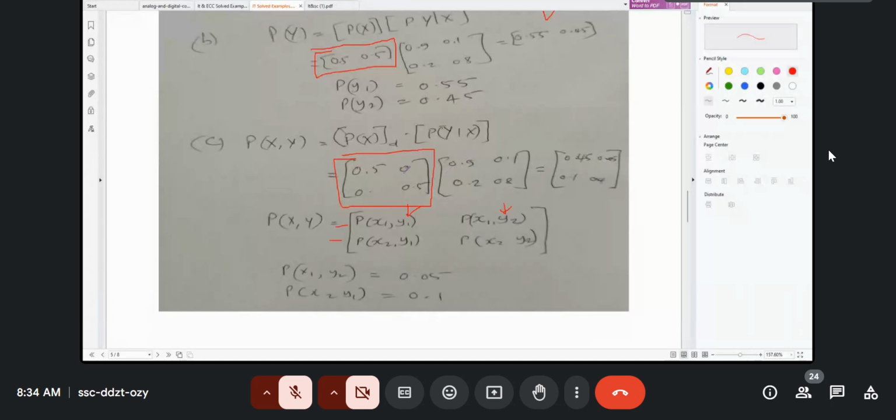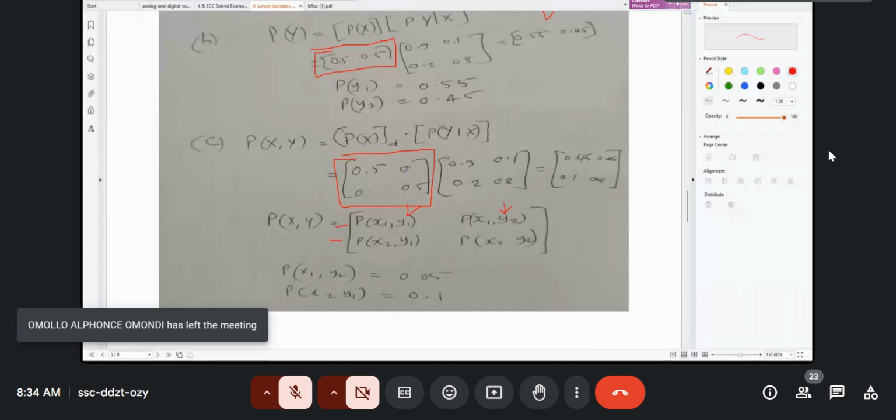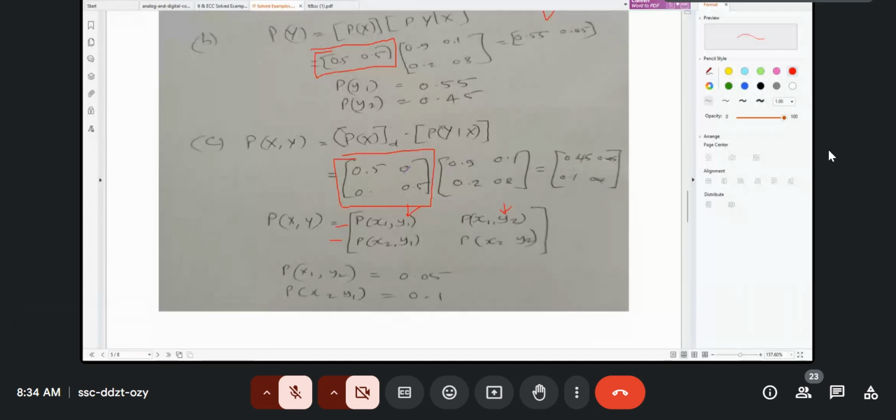This term will simply be 0.1... no, sorry, this is 0. 0 plus 0.4, that will give us this one.